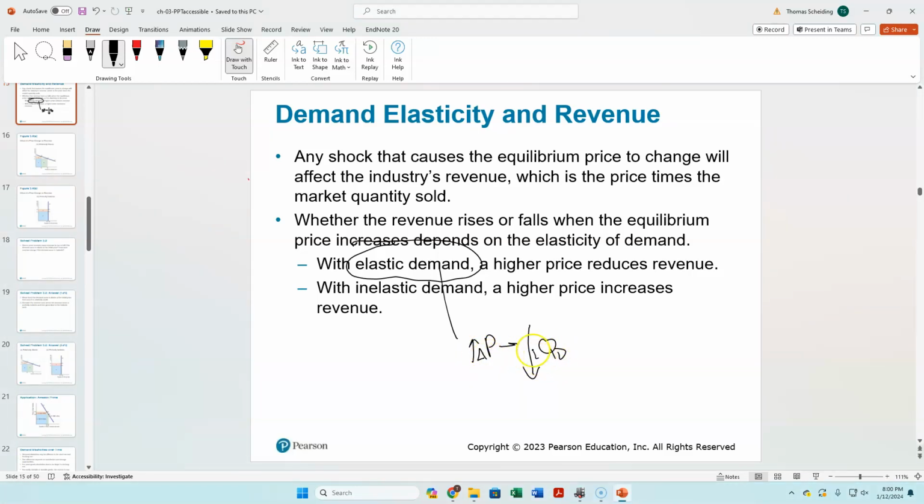Because we're saying it's much more sensitive. Well, where revenue is equal to P times Q, this is essentially going up by a little bit, and this is going down by a lot, which when you multiply it would generally mean it would be going down. So that's why here we're saying a higher price actually reduces revenue. So you can now see if you're selling a product that is elastic, you don't have a lot of pricing power.